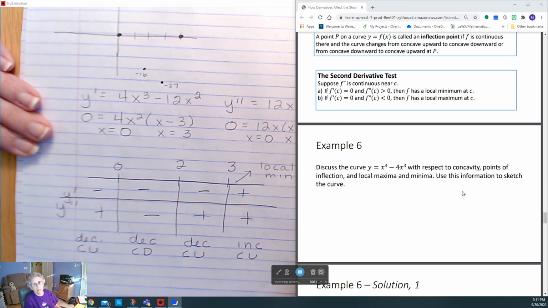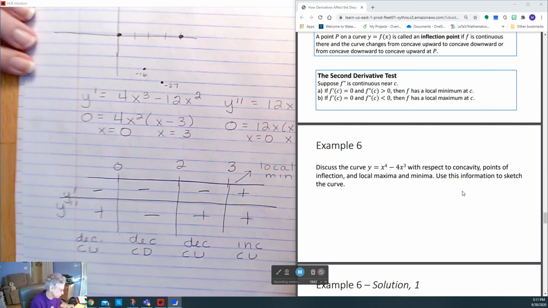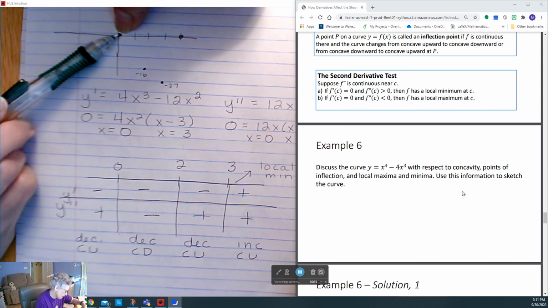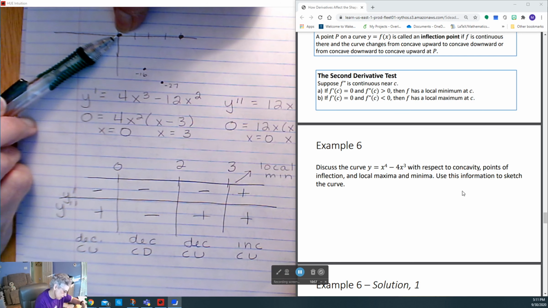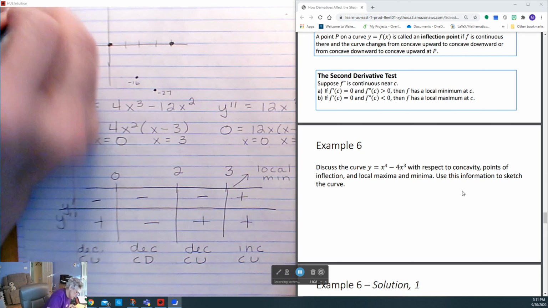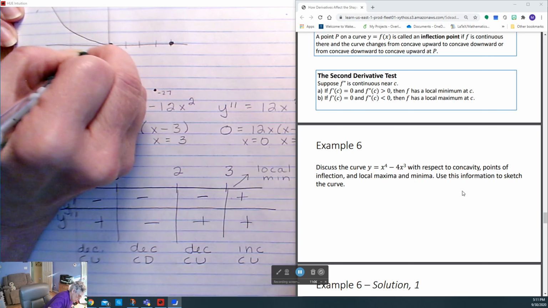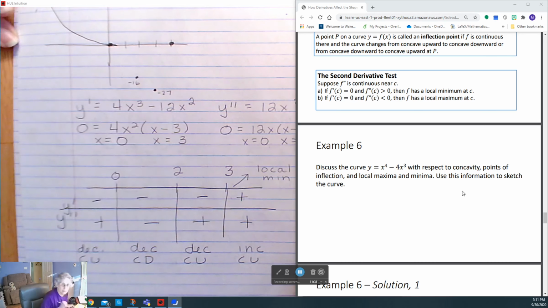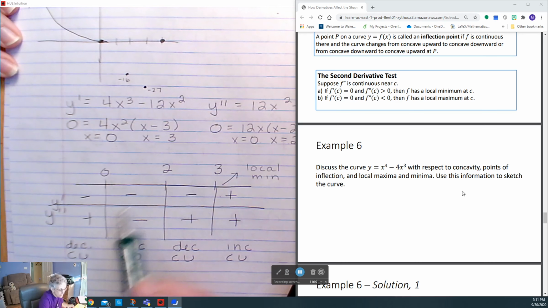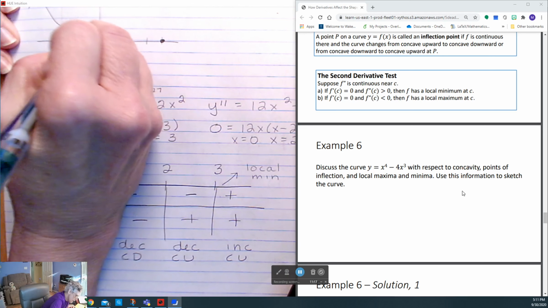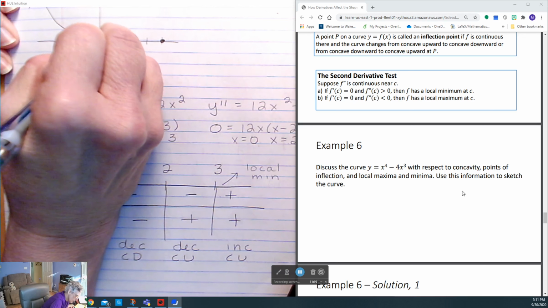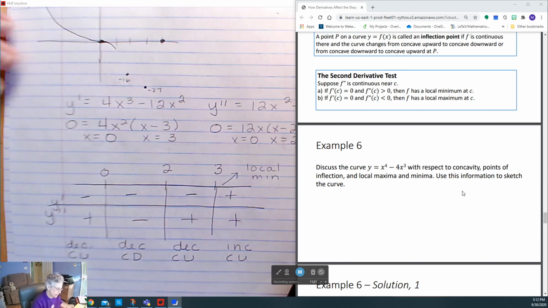So, as usual, my picture is not to scale. But I know I have an inflection point right here. It's decreasing concave up until it gets to 0. Then we're going to have a little flat spot. I knew it was going to flatten out because my derivative is equal to 0 at 0. So it flattens out and switches from concave up to concave down.